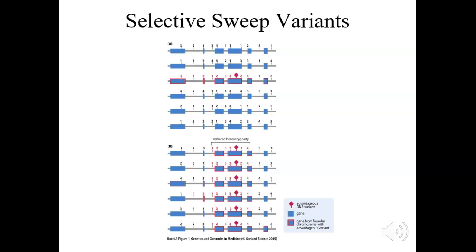This is one of the 6 variants here. And basically what happens is this becomes permanent and leads to a reduction of other variations of nucleotide sequences around that particular diamond mutation where it says advantageous DNA variant.